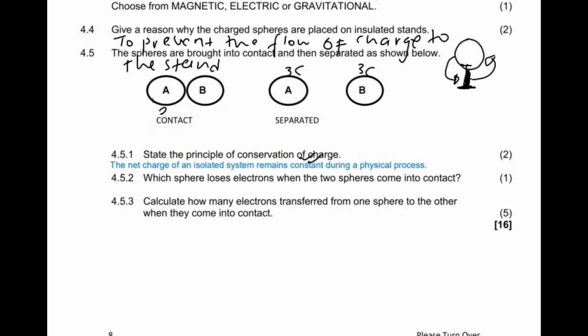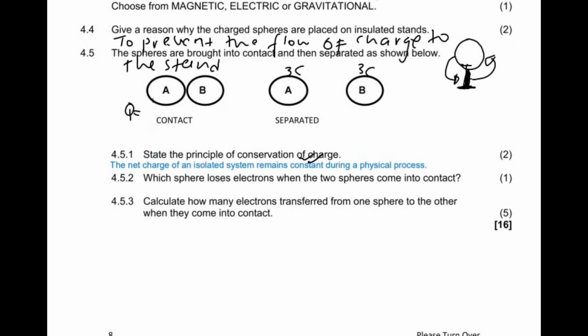4.5.2, which sphere loses electrons when the spheres are in contact? So are electrons moving from A to B, or are they moving from B to A? So if we remember correctly, the charge on sphere A, let's call it QA.